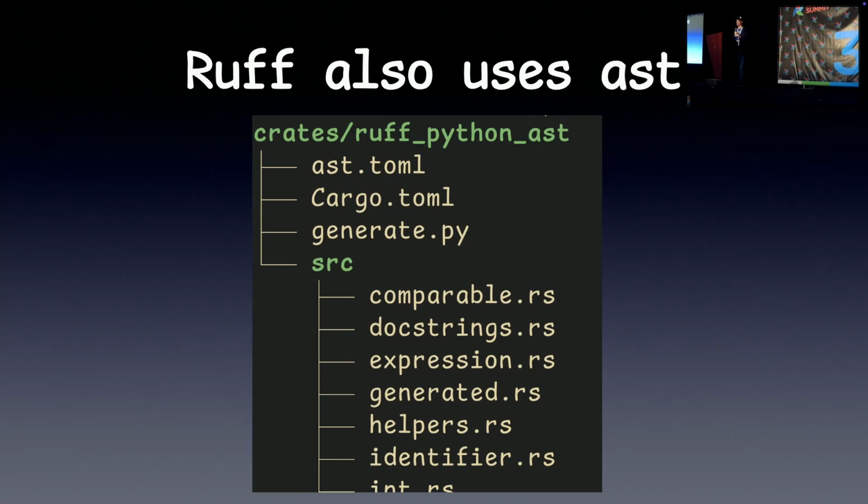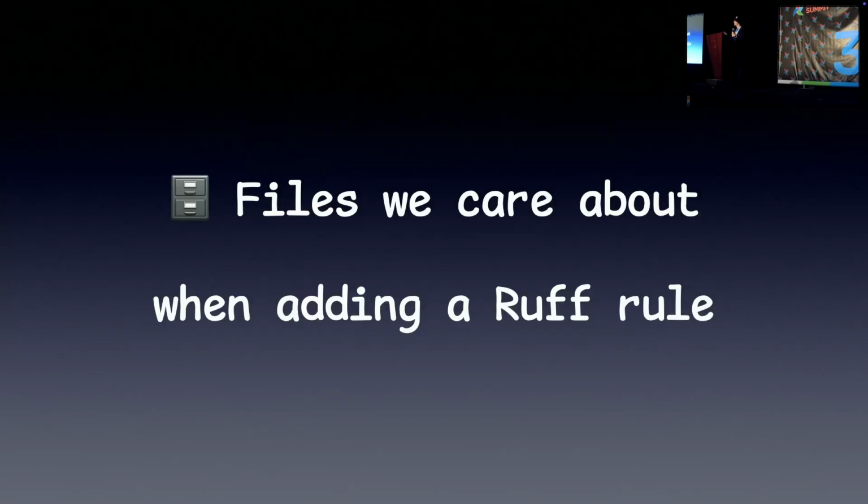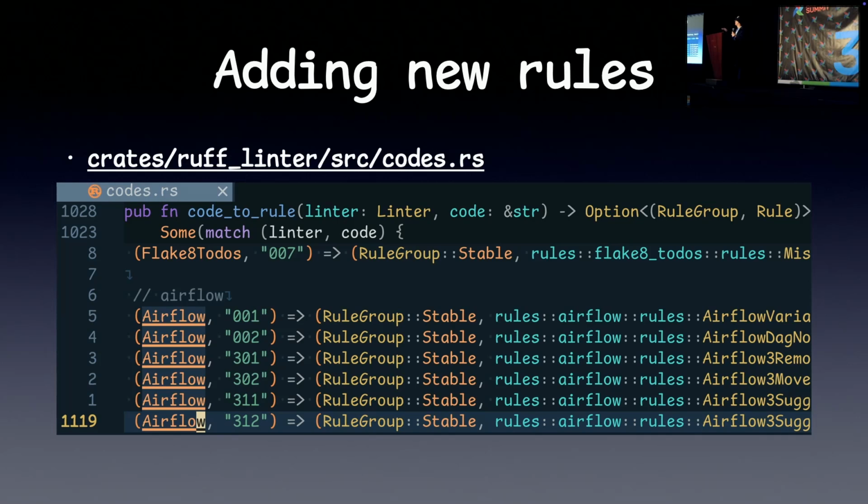Before we go into a checking example, there are some files we might care about when adding a new Ruff rule. All those error codes like AIR301 are defined in this Rust module. So if today I want to add AIR313, we'll add a line here, but the rule group will be set as preview. These rules need two minor versions to become stable.